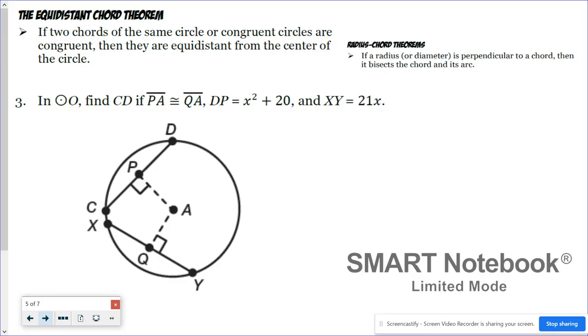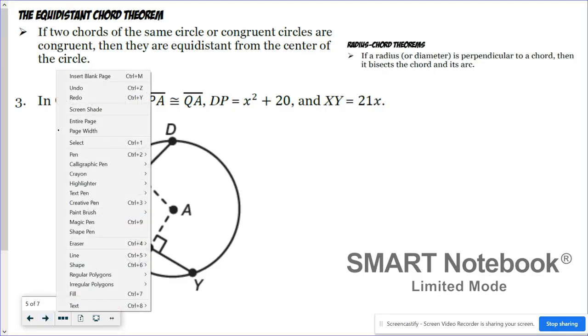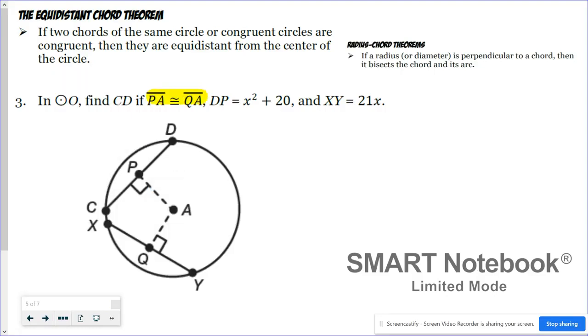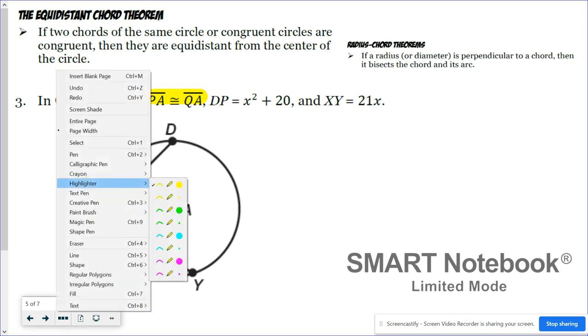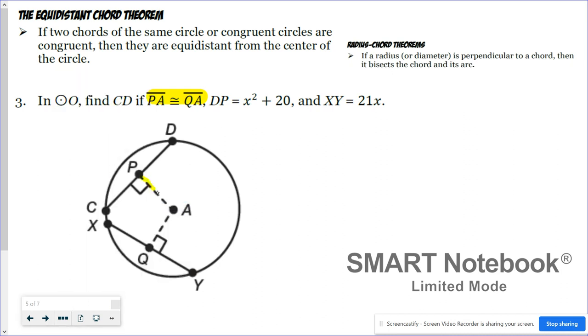So in circle O, find CD if PA is congruent to QA. Okay, so that's what we're given. And so anytime we're given something like that, we should be like, well, what can we conclude from that? So the PA and the QA, they're referring to the two distances each chord is from the center of the circle.